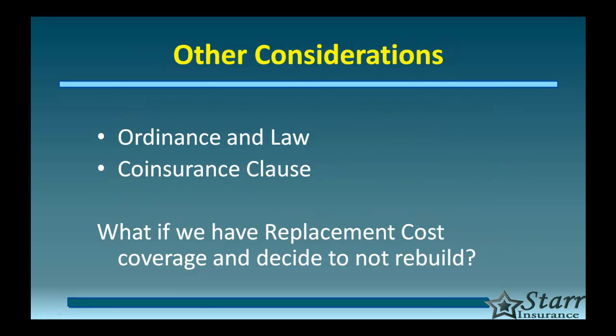And while we're talking about older buildings, some other considerations to think about, and we'll do some videos on these later, are ordinance and law coverage, which applies if the building is damaged more than sometimes 35, 40, 50%, and the city or the state laws will mandate that the entire building now needs to be brought up to current building codes.